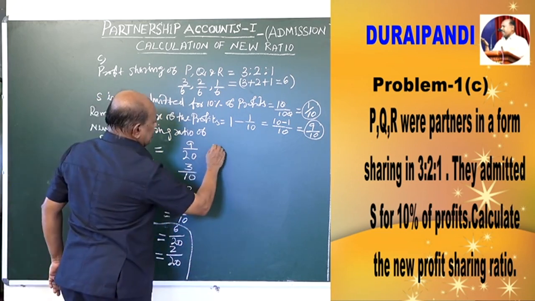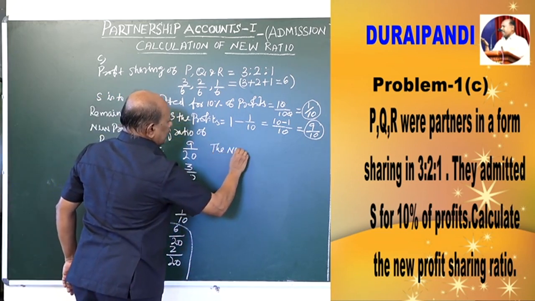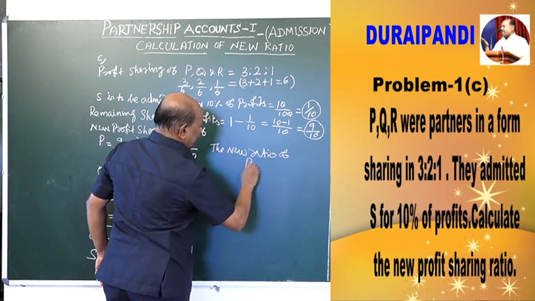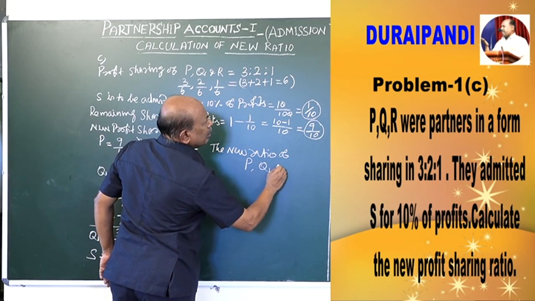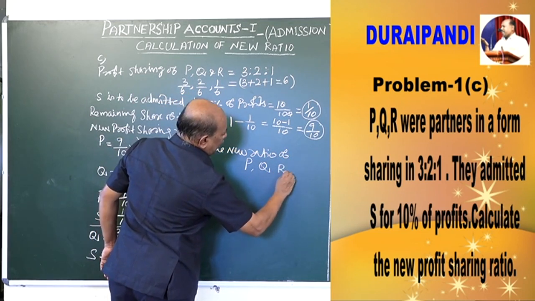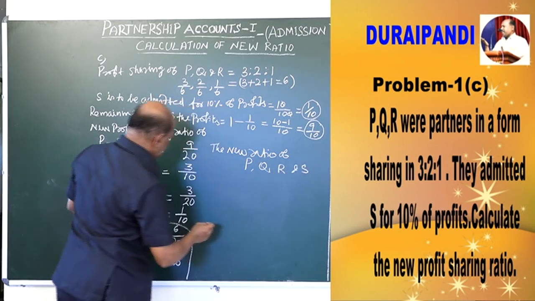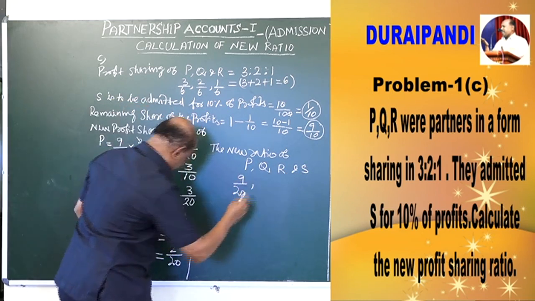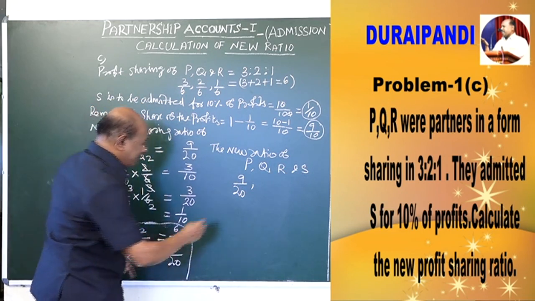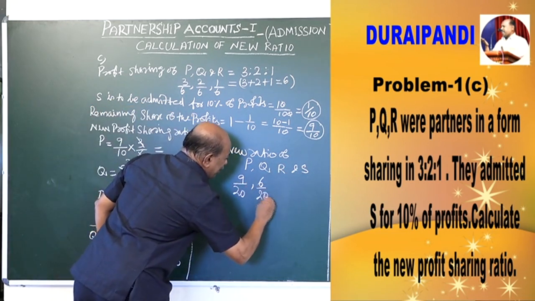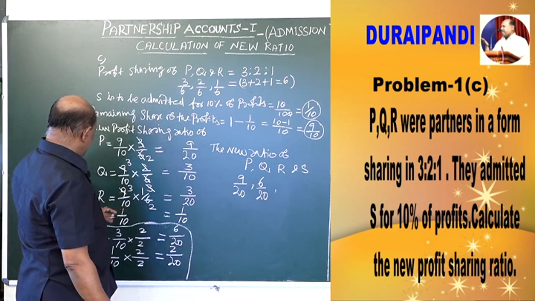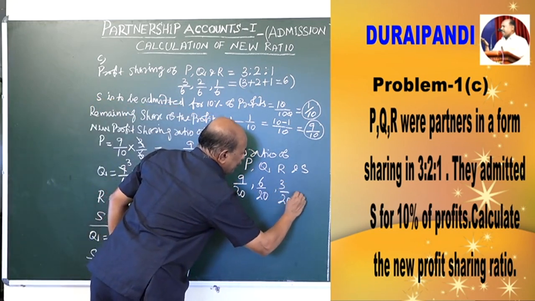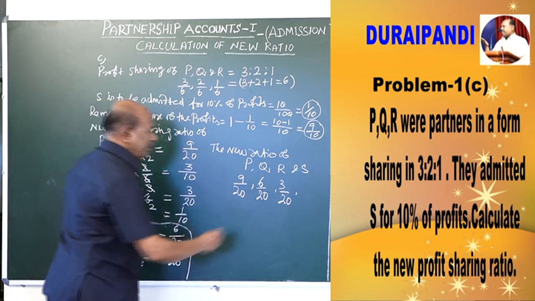The new ratio of P, Q, R and S, that is 9 by 20, for Q 6 by 20, for R already 3 by 20, then S 2 by 20.